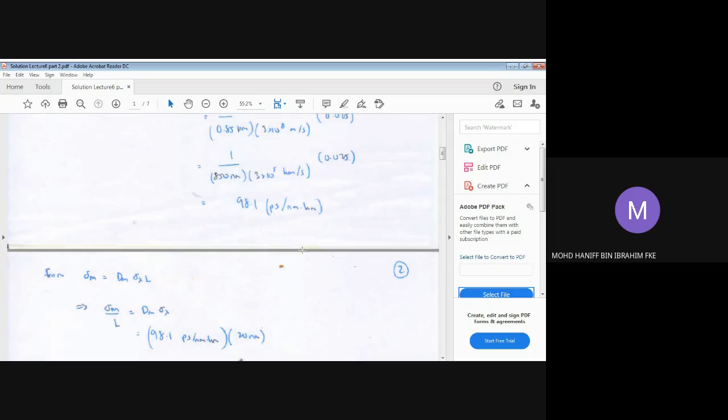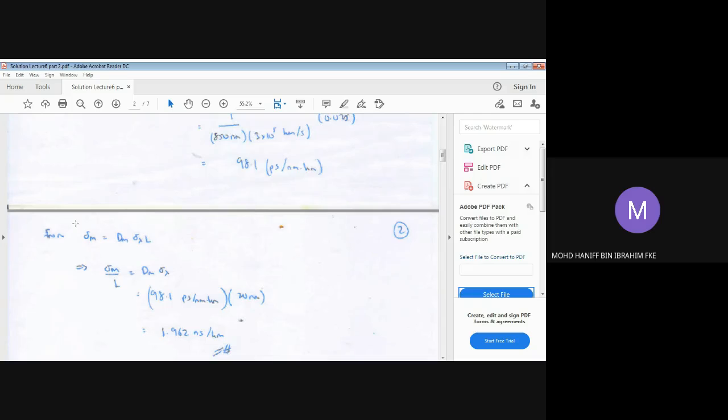Okay, so once you have this Dm, you can obtain sigma m, or RMS pulse spreading, from the equation that we have learned before. We need to find the RMS pulse spreading per kilometer, so we need to bring the L to the left hand side. So sigma m over L, we're going to have 98.1 multiplied with 20 nanometer.